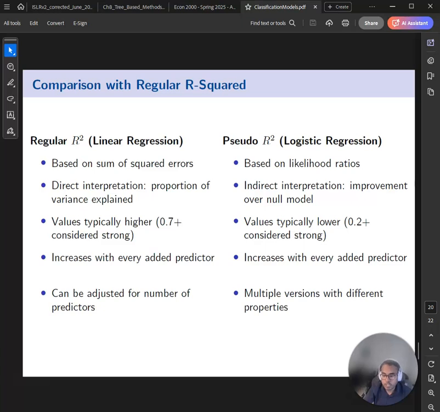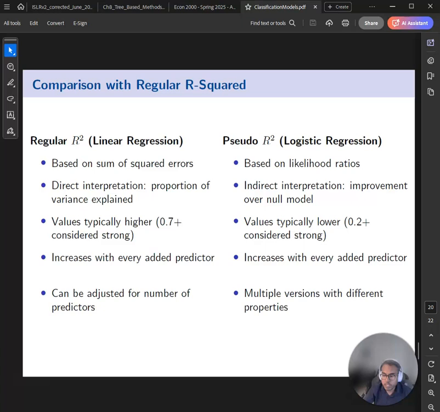But we do have adjusted R-squared in linear regression, which penalizes for the number of predictors to help address this issue. In contrast, pseudo R-squared measures are based on likelihood ratios. They have a more indirect interpretation. They are telling us about the improvement over a null model rather than about the variance explained. As mentioned, the values are typically much lower, somewhere around 0.2 to 0.4 is considered very good.